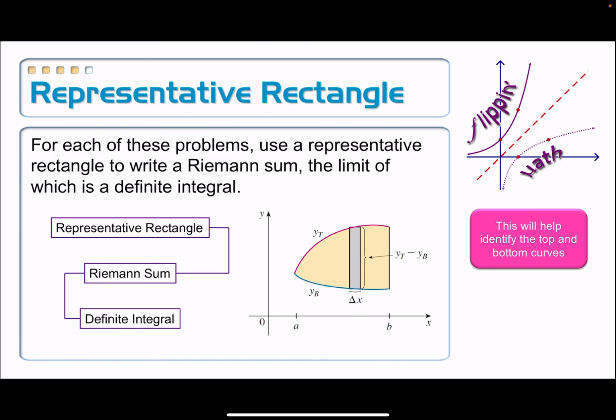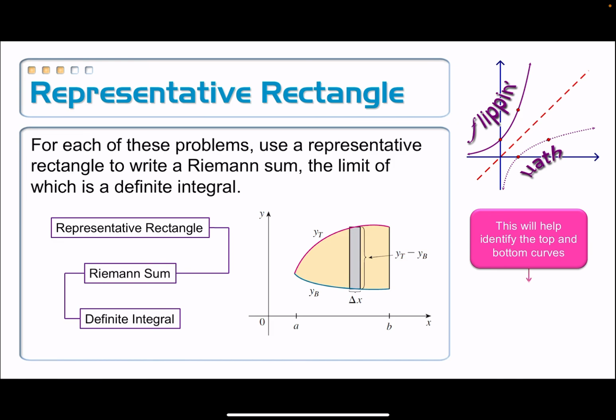It's also going to reinforce the definition of a definite integral as a Riemann sum, being able to convert between those two things. Because remember, if you have a Riemann sum on your AP Calculus exam, it is the idea of identifying the limit of a Riemann sum as a definite integral and then just evaluating the definite integral using the fundamental theorem of calculus.